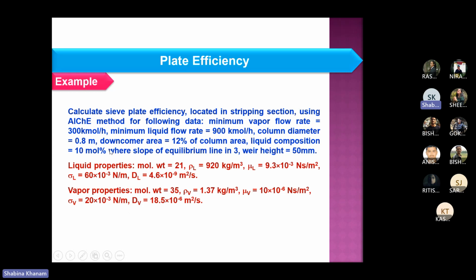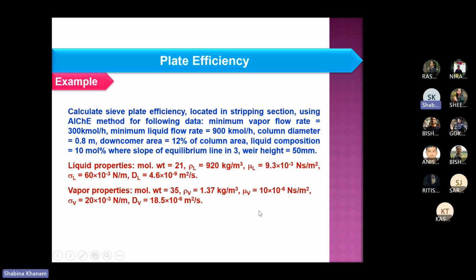Liquid composition is 10% mole, where the slope of the equilibrium line is given as 3. As I have told you, the slope of the equilibrium line varies with respect to the concentration. So here the m value is given as 3, the slope of the equilibrium line is 3. And weir height is given as 50 mm.